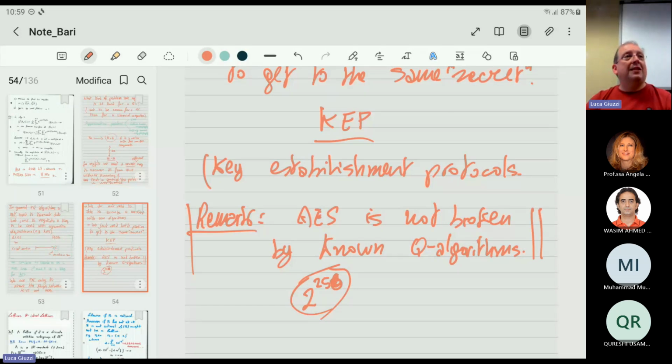But this is just a polynomial speedup, roughly a factor of 2 or 3 with respect to classical computers. So basically, at least for the state of the art as of today, I keep on saying this because I have no idea whether in the near future there will be some kind of revolution in cryptography.